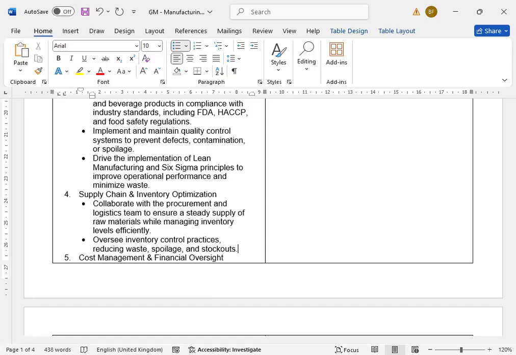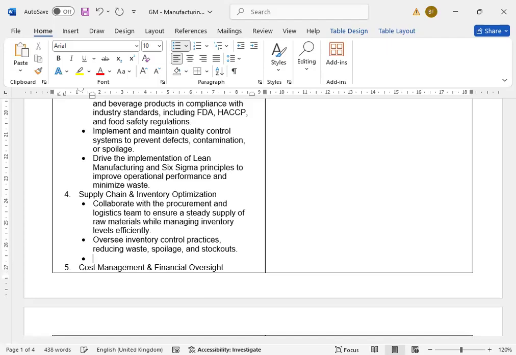This will not happen if the GM of manufacturing leads the team and initiates regular meetings, management committee meetings, so that they will not reach a situation where they are experiencing stockouts of raw materials.